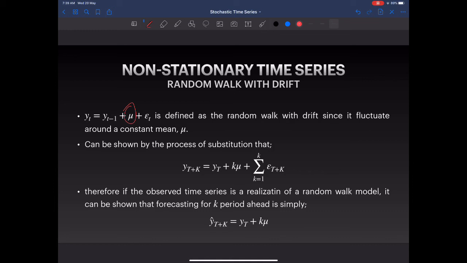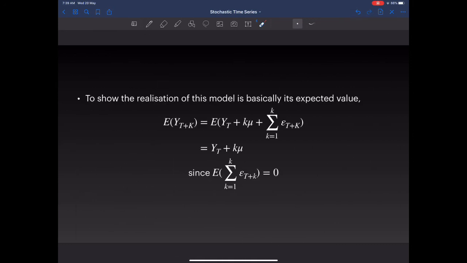For this random walk with drift, it can be shown by a process of substitution that if we want to forecast K steps ahead, the forecast is simply yt plus K times the constant drift element.